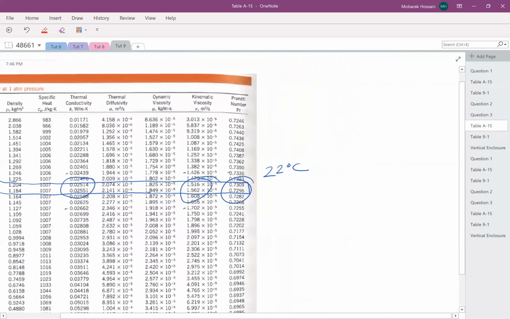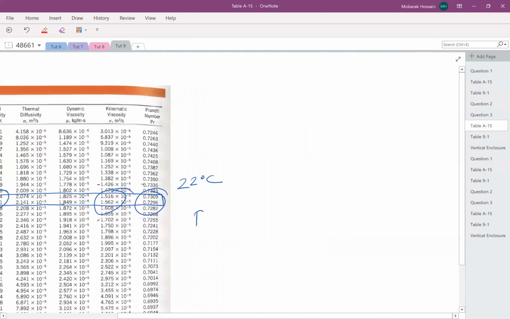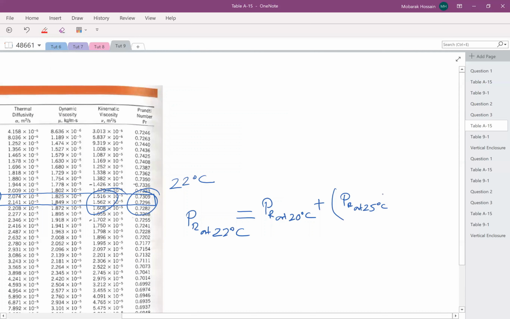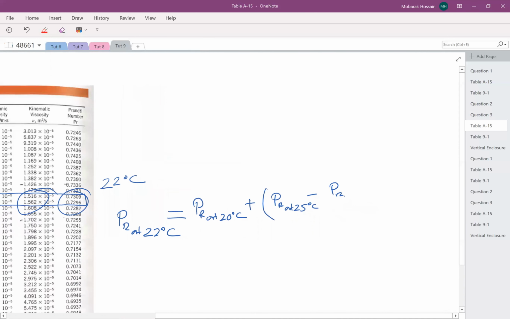If I show you how to calculate at 22, say Prandtl number at 22 degrees Celsius will be equal to Prandtl number at 20 degrees Celsius plus the Prandtl number difference between 25 and 20, so at 25 degrees Celsius minus at 20 degrees Celsius, then the temperature difference ratio.